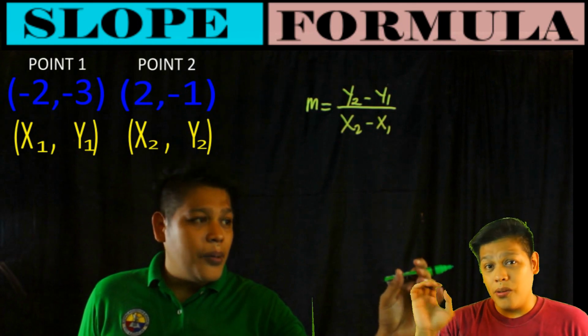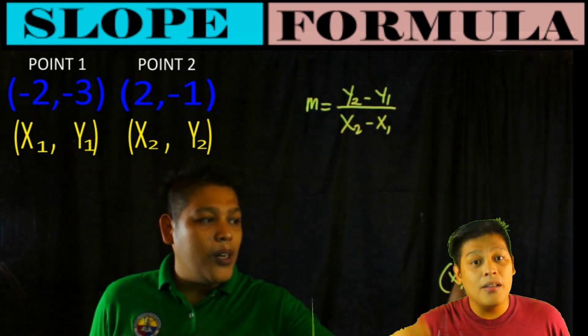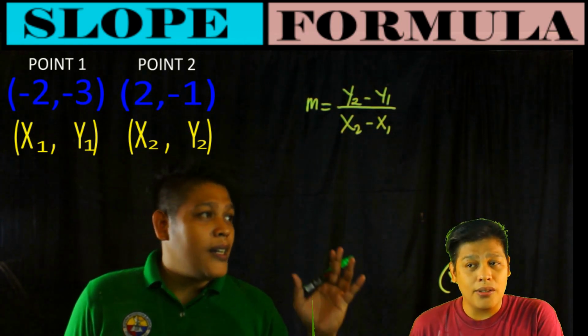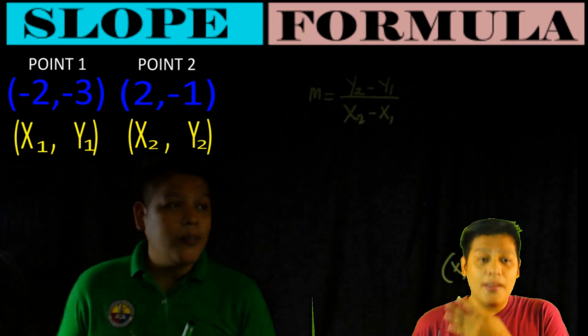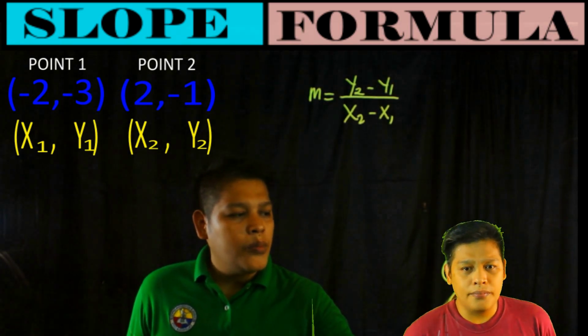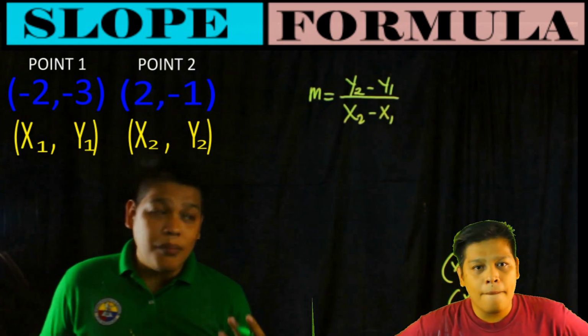Ito yung point x sub 1, y sub 1: negative 2 and negative 3, and the other point is x sub 2 and y sub 2.